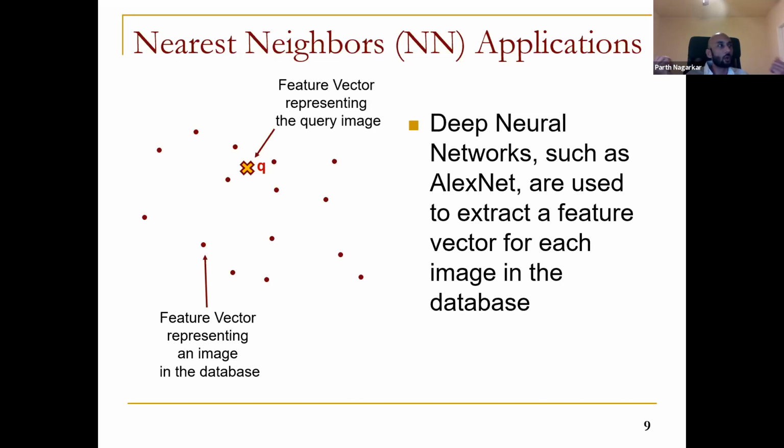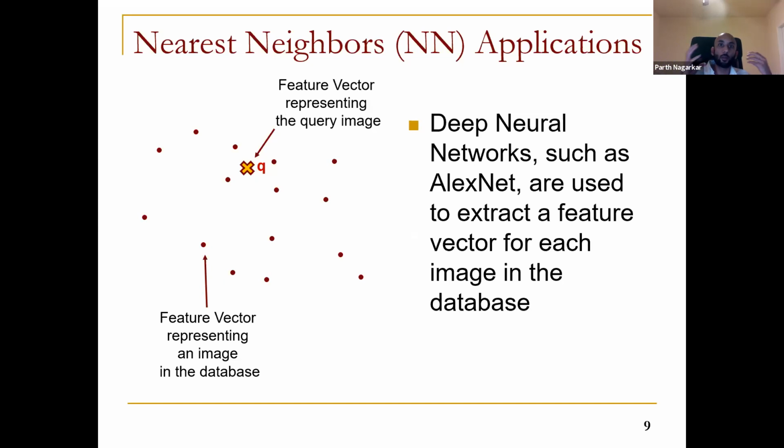And so in the case of nearest neighbor applications, these points will be each feature vector corresponding to an image in the database, and the query image will also be represented in this space by its feature vector.